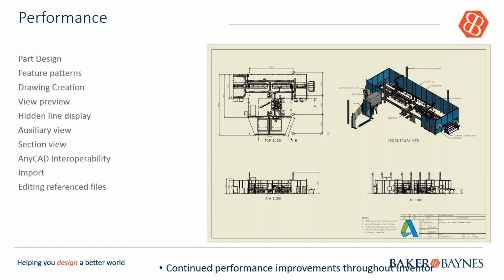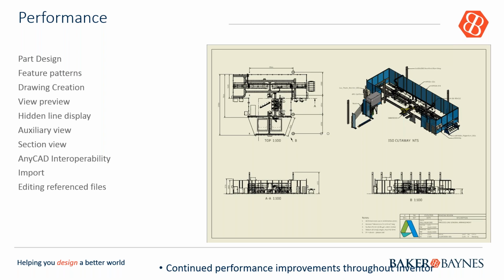On the drawing side, there have been improvements in previewing performance for faster drawing workflows, changing hidden line display for parts in assembly views using the browser context menu, the hidden line options, the auxiliary view, and also drawing section performance. And of course, with regards to all of these improvements, AnyCAD import and edit performance, referencing AnyCAD in assemblies, has been improved quite significantly.